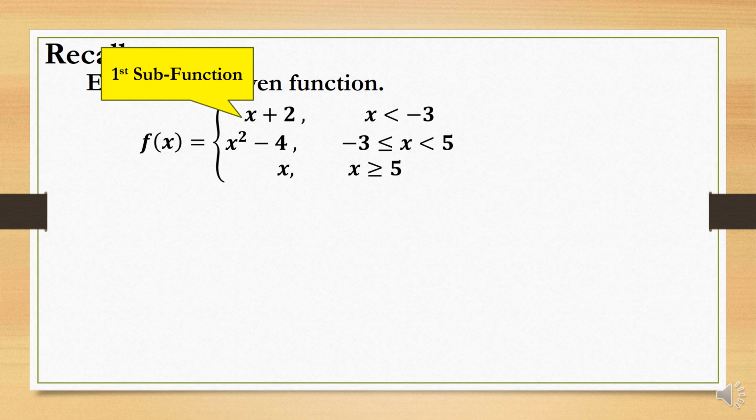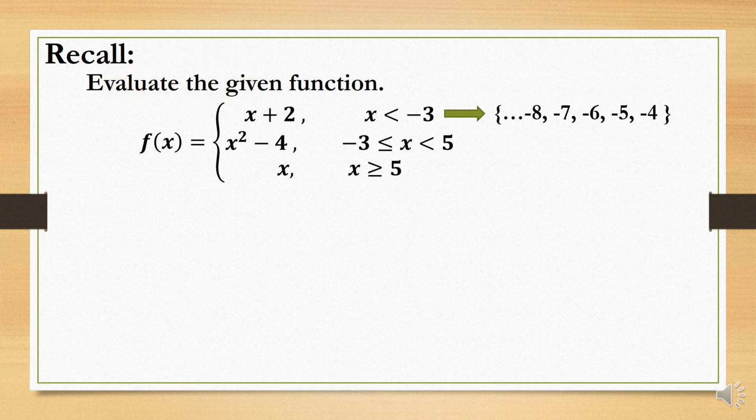Anong ibig sabihin ng x less than negative 3? Ang ibig sabihin nito, we can only use this function kung ang x natin ay negative 8, negative 7, negative 6, negative 5, negative 4, and all values that are less than negative 3.